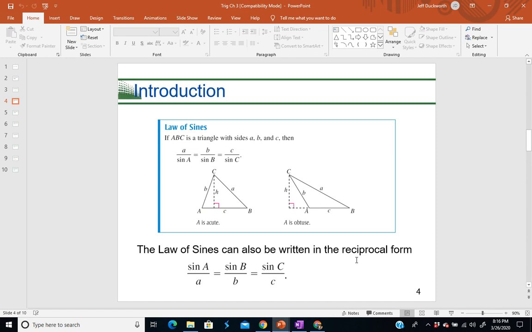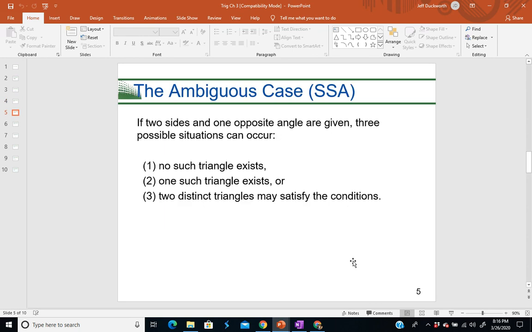Now, when solving for these problems, there's three things that can happen. Either there's no triangle that exists, so you're given the information and nothing can work. There's exactly one triangle that will exist given the information that you have, or you could have two distinct triangles that will satisfy the condition.